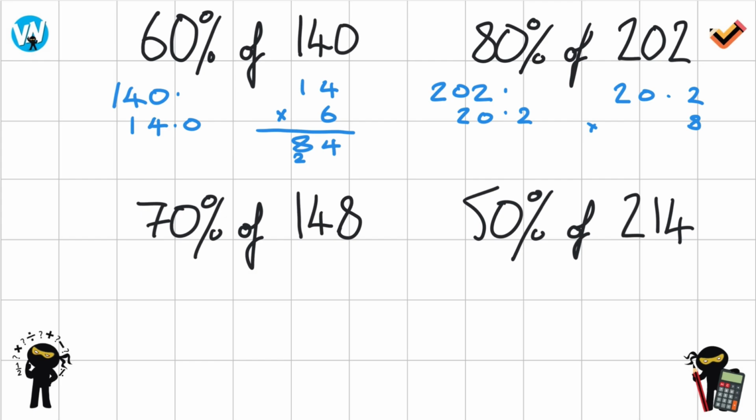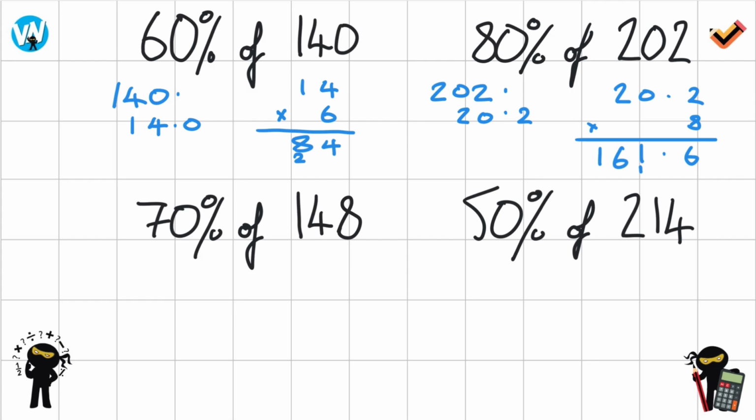I'm just going to get my ruler to draw a straighter line. The decimal would be in the same column. 8 times 2 is 16. 8 times 0 is 0. Add the 1 is 1. And then 8 times 2 is 16. So I'm going to end up with 161.6.